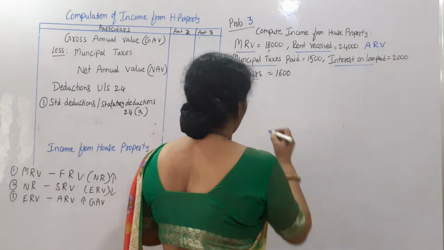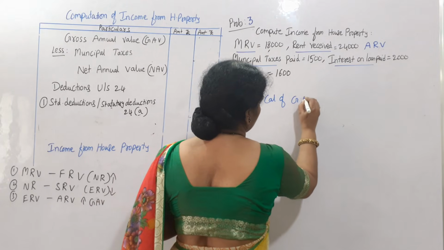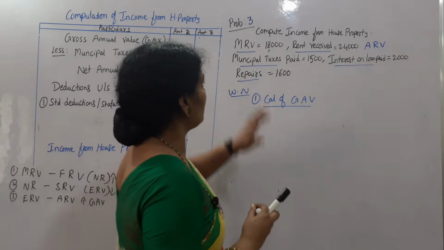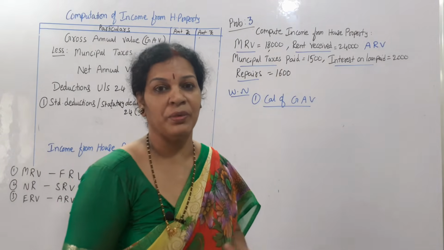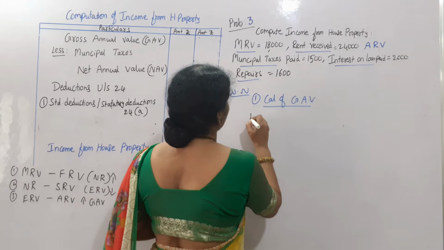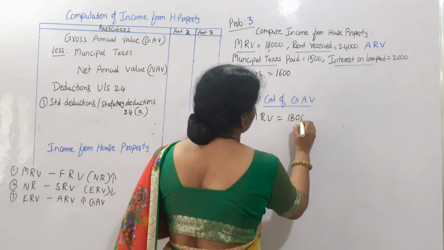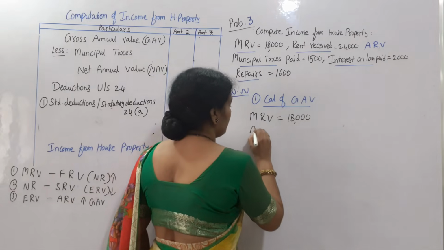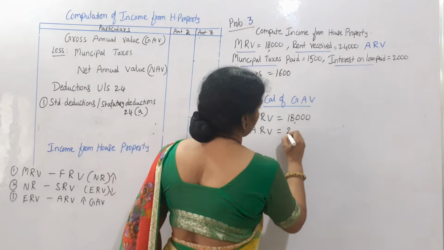Working notes, calculation of GAV, gross annual value. So how do we calculate here? We know only MRV and ARV. Out of these 2 only, whichever is high, that will be the GAV. Here MRV, municipal rental value, is 18,000 and actual rent received, ARV, actual rental value, is 24,000.